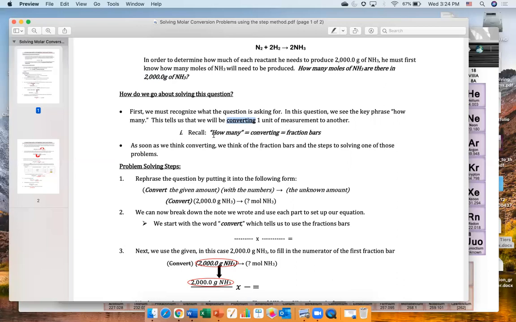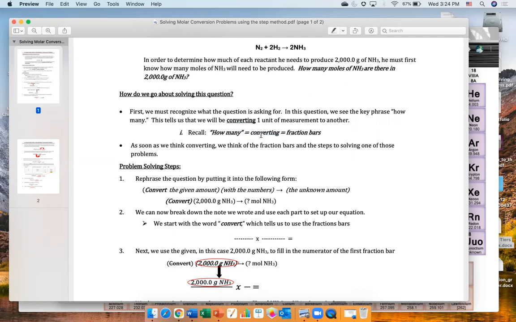When we look at any type of conversion question, there are really two things that you can see that will tip it off, that will tell you, this is not a regular math question, I'm actually going to have to convert some units here. One is the phrase how many. A second word that you could see is convert; the question could simply ask you to convert, say, meters into millimeters.